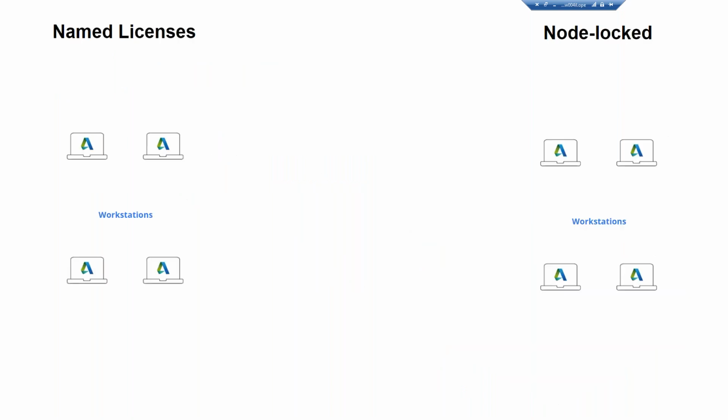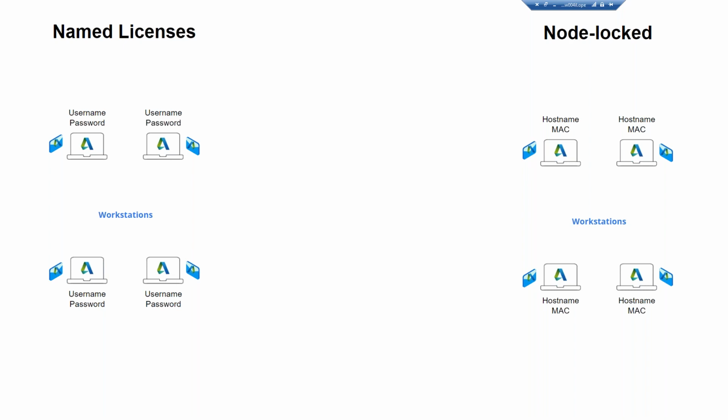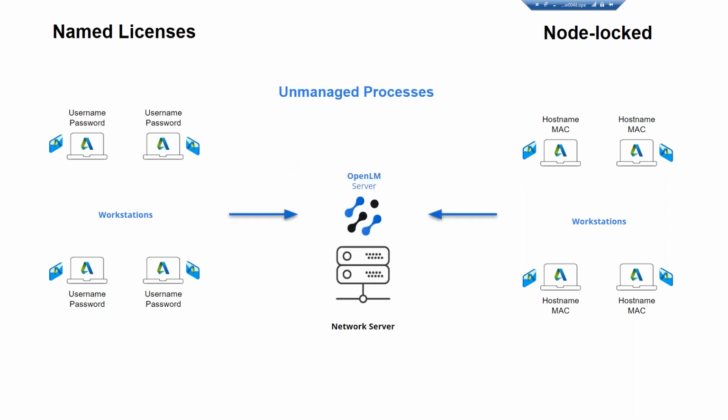So single-use licenses, that's pretty basic. You got a username and a password, or just a host name and a MAC address. The license latches on to that software and to that user or PC, and that's it. Now, what can OpenLM do here? Because you can't really monitor that. You have those licenses on the license user application PCs.